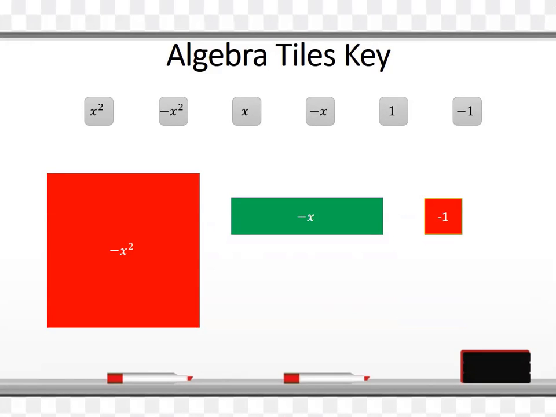For example, the x squared tile has dimensions x unit by x unit, while its opposite has dimensions negative x unit by x unit. So generally, the negative versions of the tile have one dimension that is negative. This key identifies the colors that will be used to represent each value during our exploration.